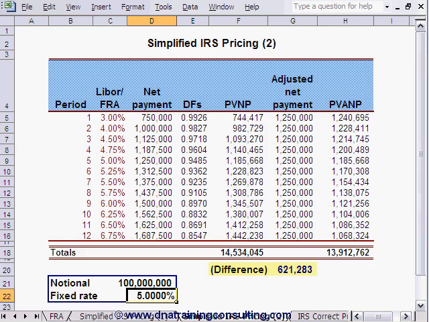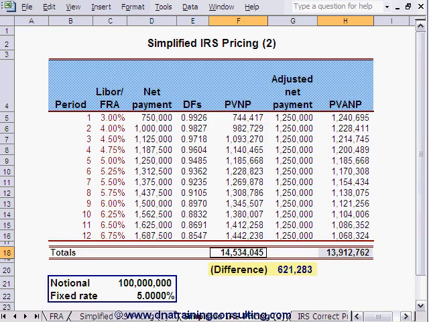since the aggregate PV of the new cash flows shown in cell H18 is lower than the original aggregate PV of the original cash flows appearing in cell F18.